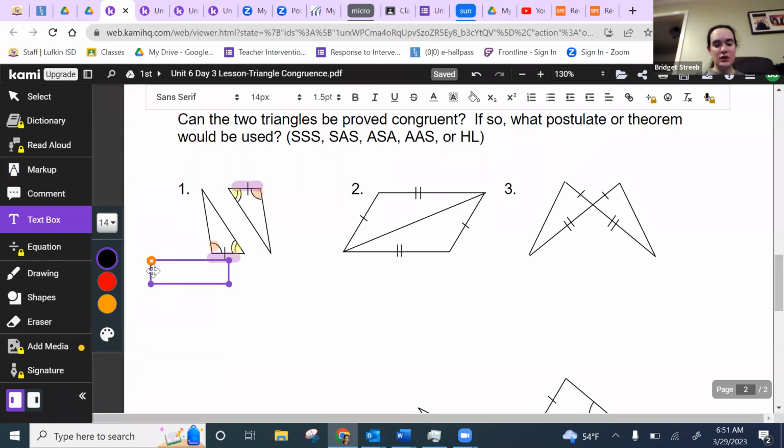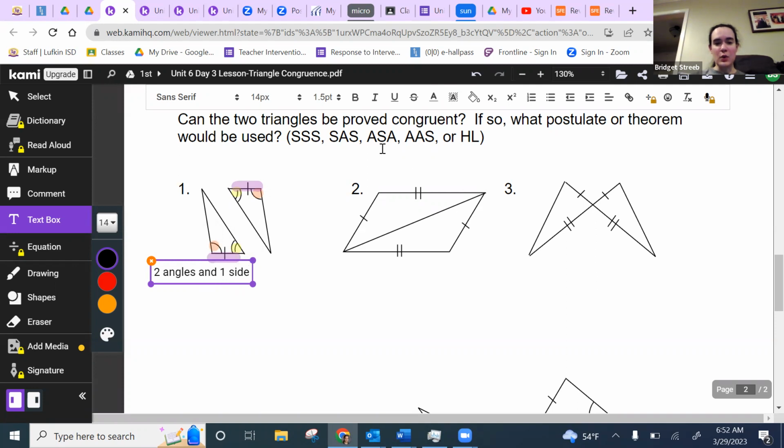So we have two angles and one side. So when that happens, that automatically gets rid of side, side, side, side, angle, side, and hypotenuse leg because they have the wrong number of angles and sides. It does mean that it's congruent when we have two angles and one side.